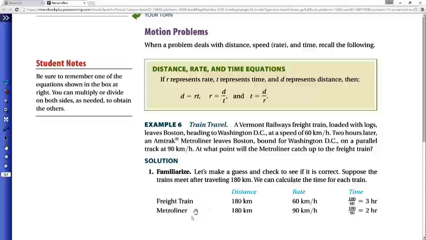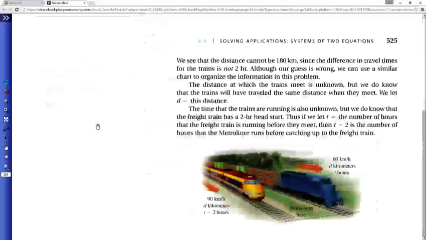So in other words, what would really happen in this time frame is this train will have traveled for 5 hours by the time this train travels for 3 hours. Because this train doesn't start for another 2 hours. So how do we represent that algebraically? So we're going to have to try to get a system of equations out of this thing.